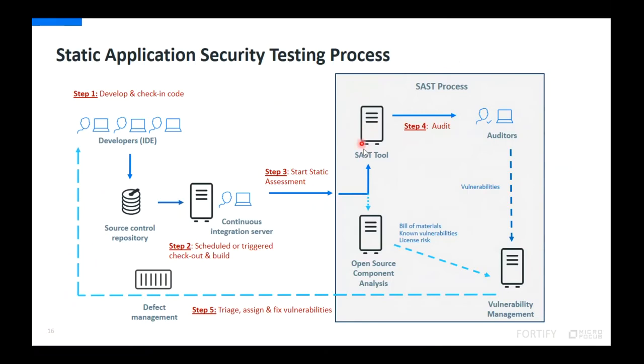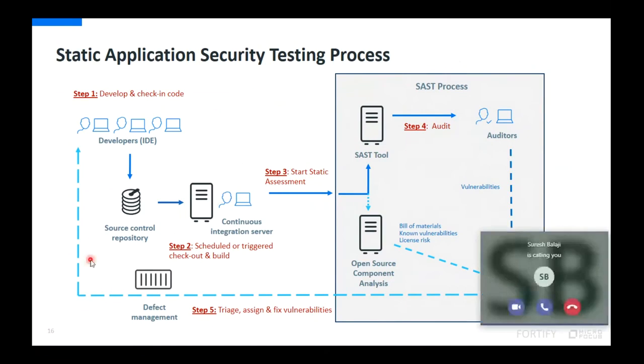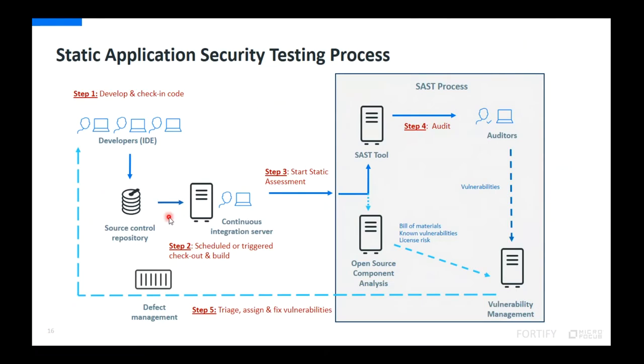So Fortify SCA, based on the inputs from CI/CD, or based on the information shared by the source code, performs the scanning of the source code. It does the analysis and uploads the results to the Fortify SSC. Remember, Fortify SSC is the management console. It uploads the results to the Fortify SSC.